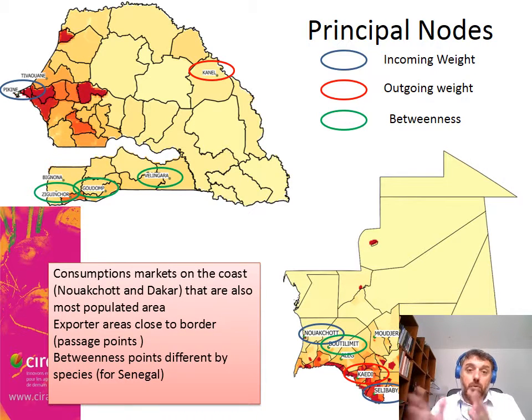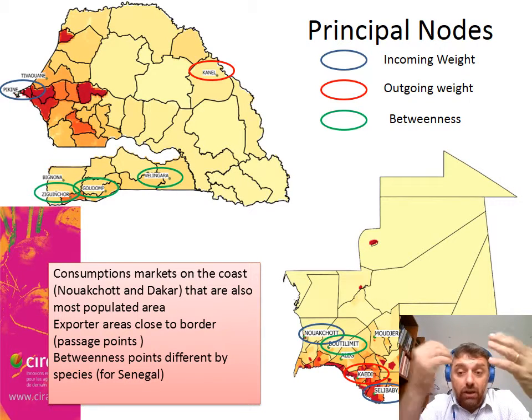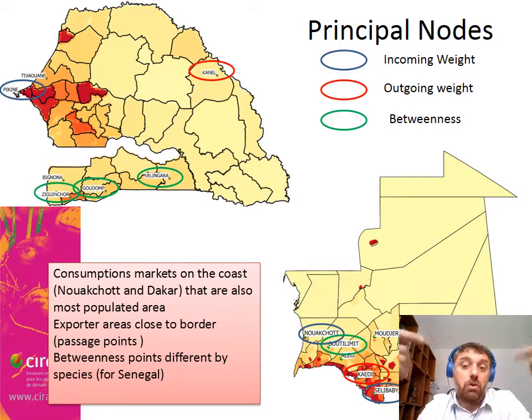So these are the points where animals are leaving, most likely spreading. The most central points in Senegal are located in the south, and these are the gates for international movement towards other countries.